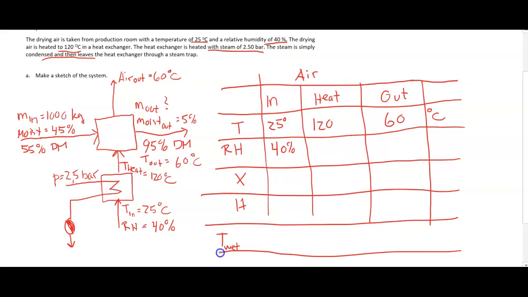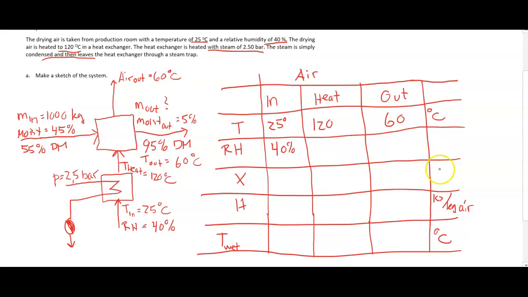So now I just need to make this table a little bit larger here. So wet temperature centigrade, the enthalpy is in kilojoules per kilo of air.